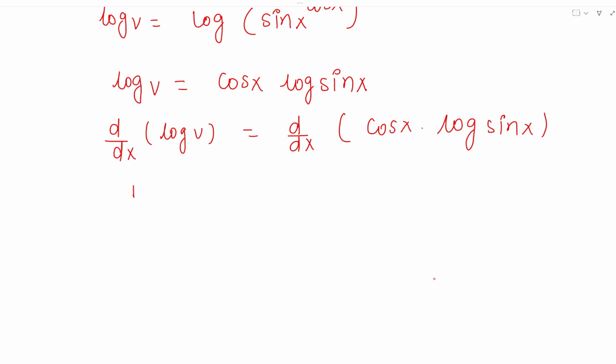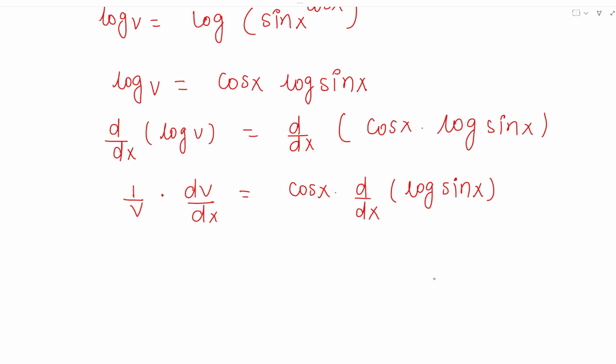Now here 1 by v into dv by dx equal to cos x into d by dx of log sin x plus log sin x into d by dx of cos x.